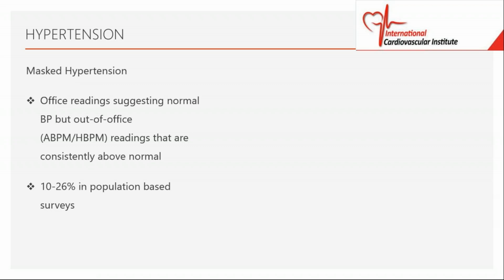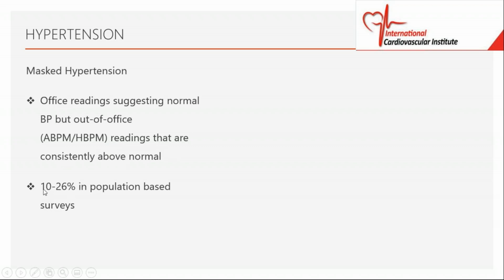They may have had a stroke, they may have had a bump in their BUN and creatinine. So it's reasonable to send these patients home with out of office blood pressure monitoring, with ambulatory or home blood pressure monitoring. And what you will see is that these readings are consistently above normal.